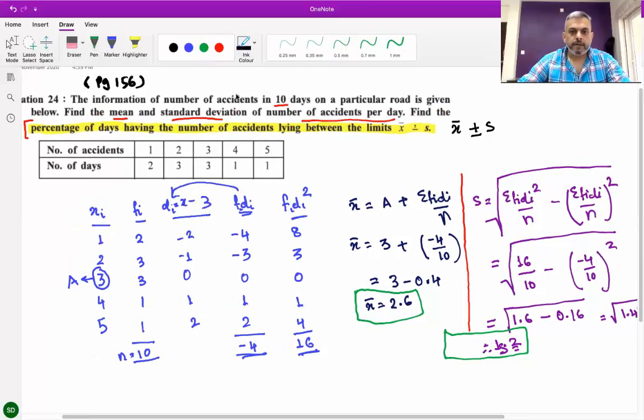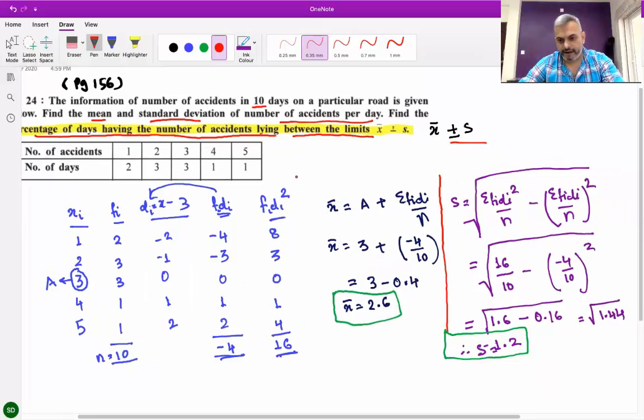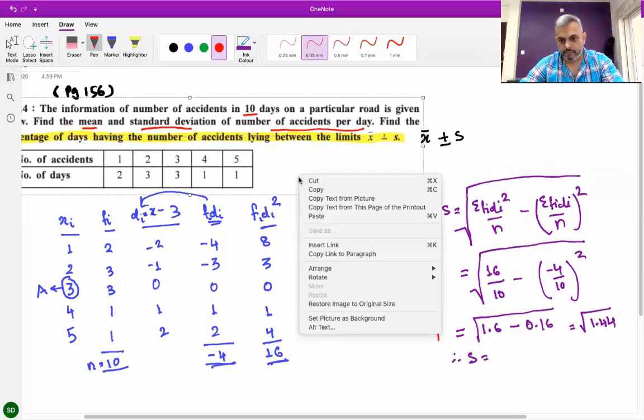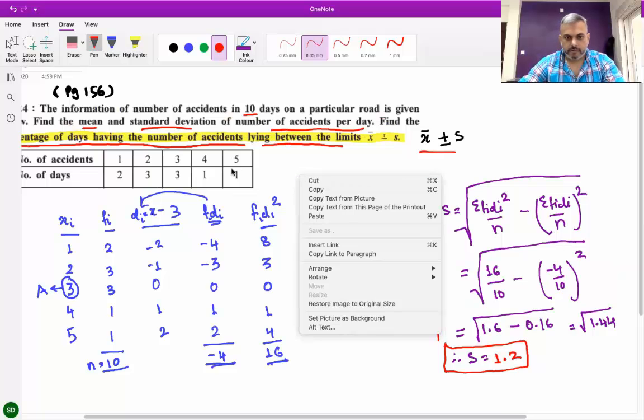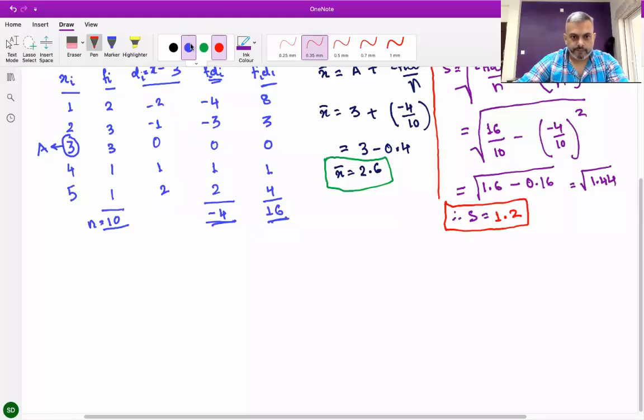What we have to find is the percentage of days having the number of accidents lying between the limits, and the limit is x bar plus minus s. So first let's find it out.